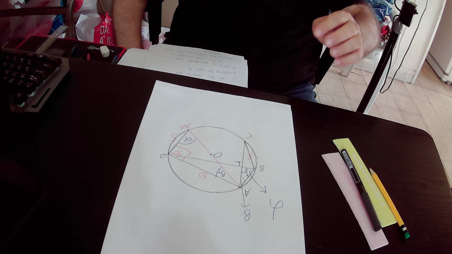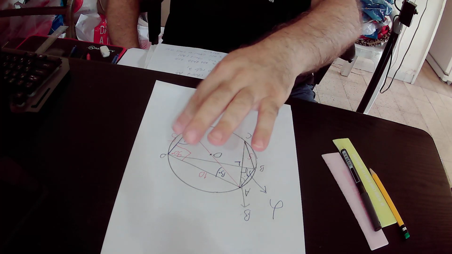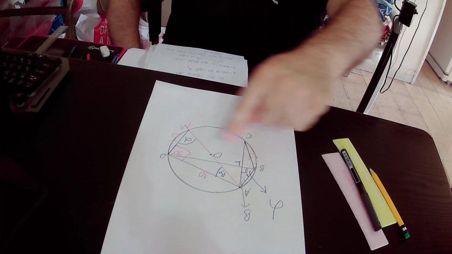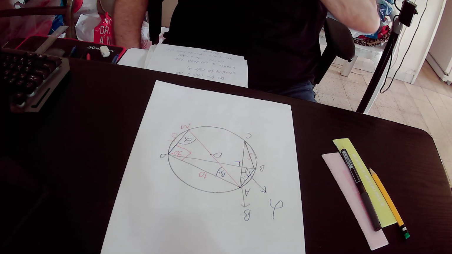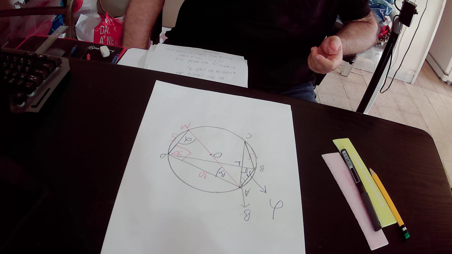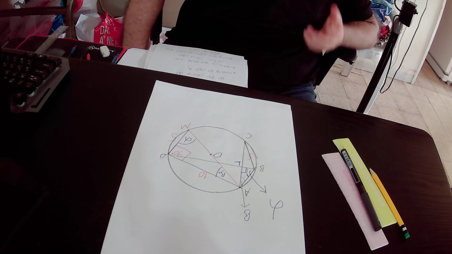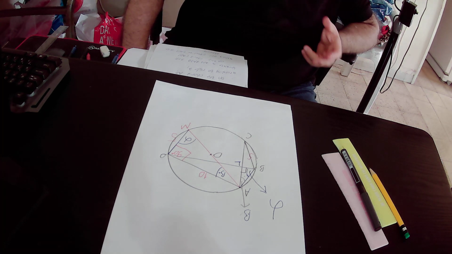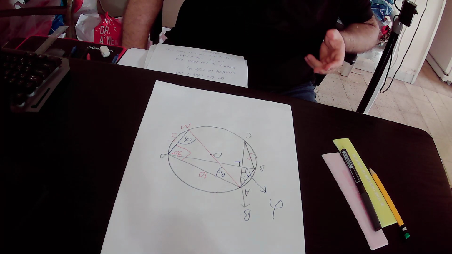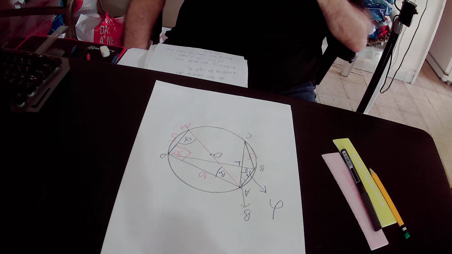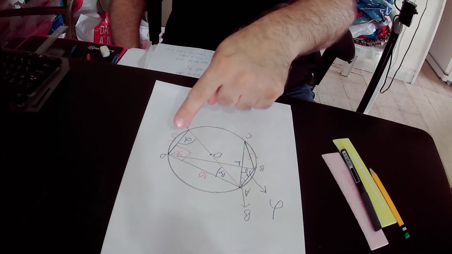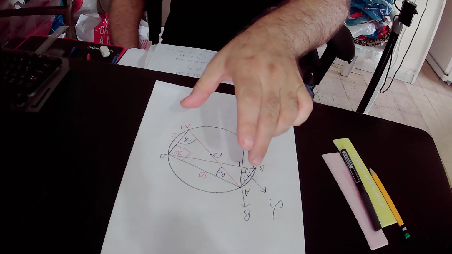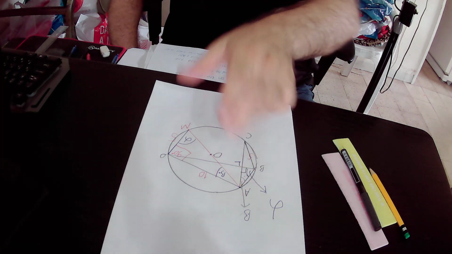And we also have angle ABD, which also rests on chord AD. So we have two peripheral angles that rest on the same chord, chord AD.